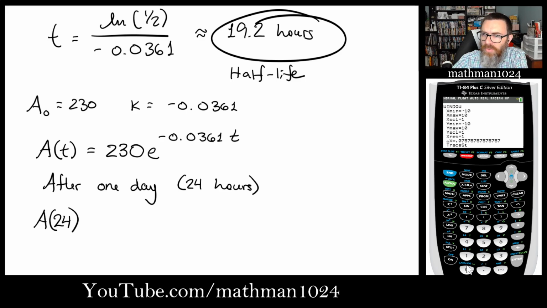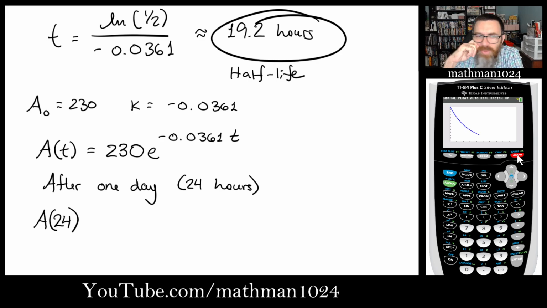For my window, we're going to go from 0 to, let's see, 19 hours is one half-life. Now, let's go to 100 with a scale of 10. My y min is going to be 0 because you can't get less than that. The y max is 230 because that's what we start with. Y scale is 10.